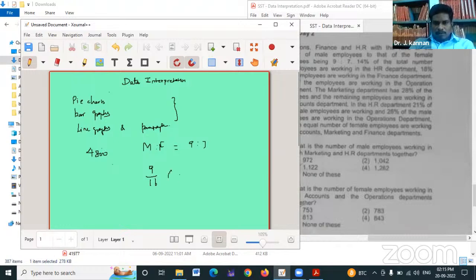Overall 4,800, so cancel by 16, which gives 300, times 9 is 2,700 male employees. The remaining employees: 4,800 total, 2,700 male, balance 2,100 female. So male employees 2,700, female employees 2,100.